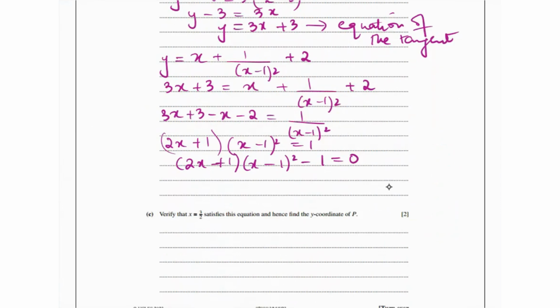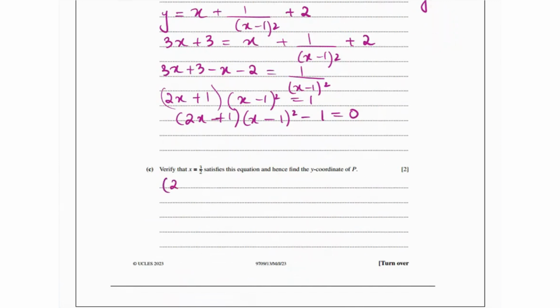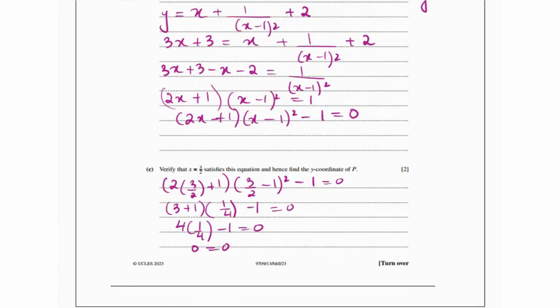Then verify that x equals 3 over 2 satisfies this equation and hence find the y-coordinate of P. Let's put it in the equation. Both sides are 0, so it does satisfy.